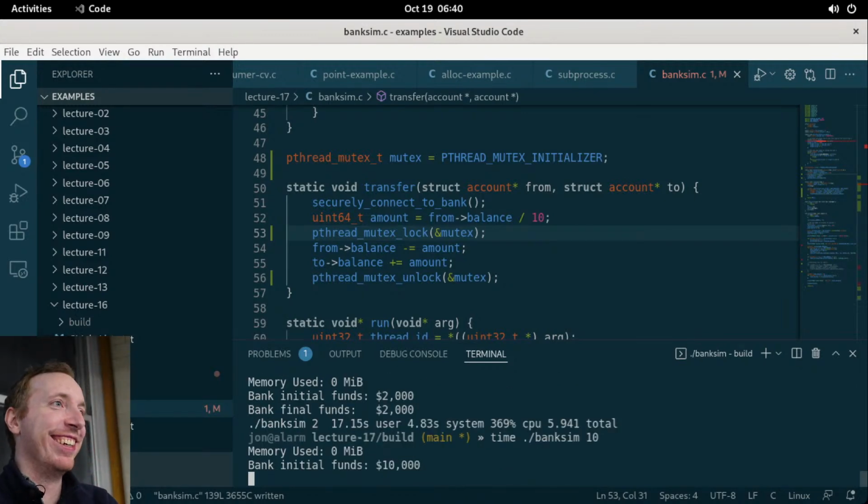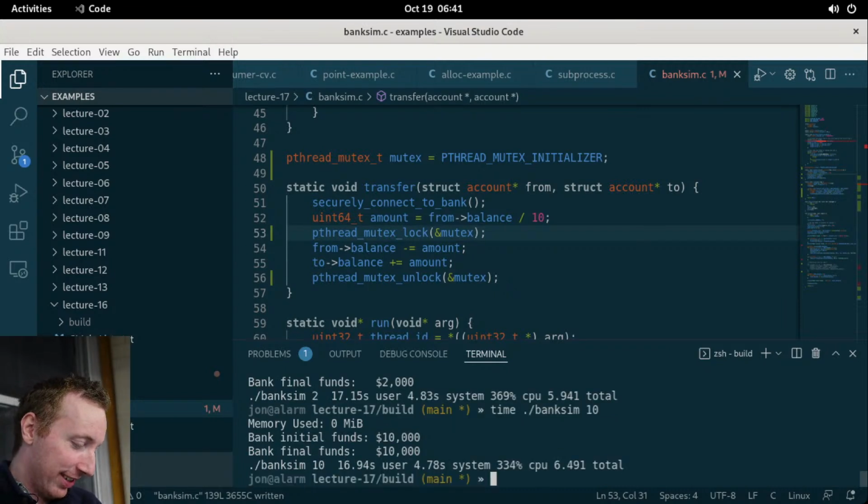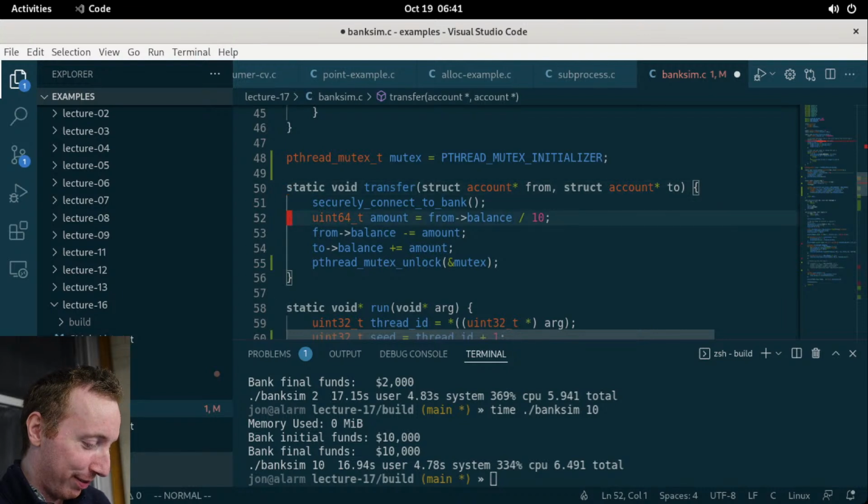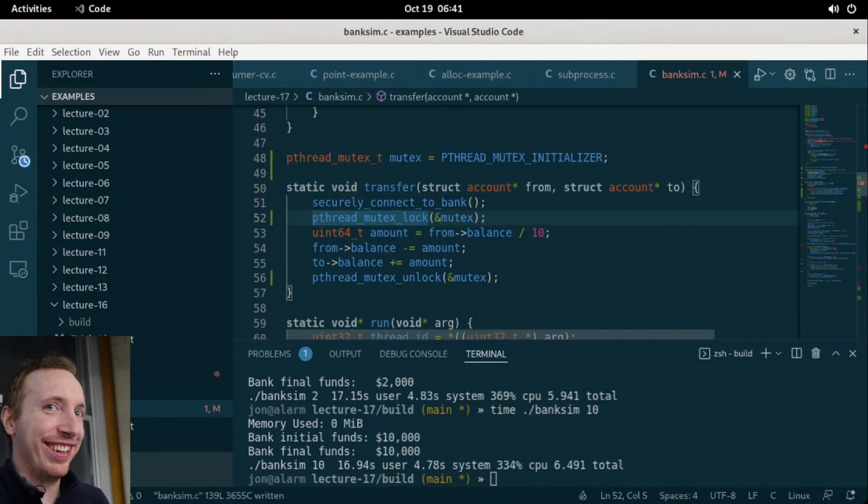Come on. Okay, well, there still is a data race, which is why this stuff is hard.